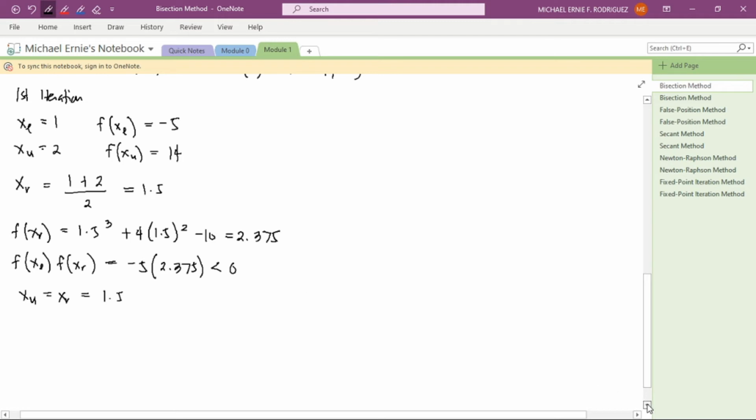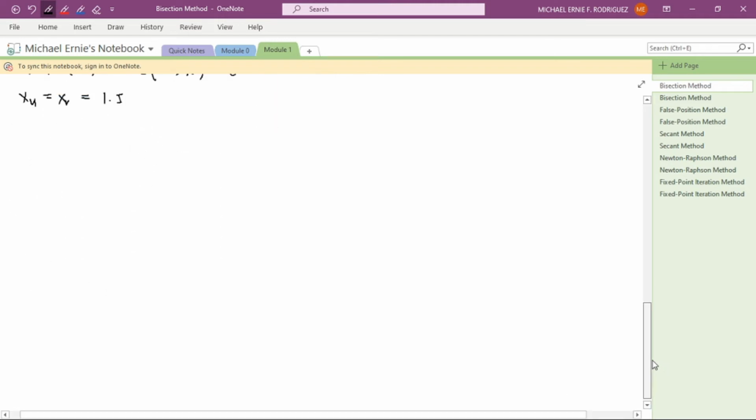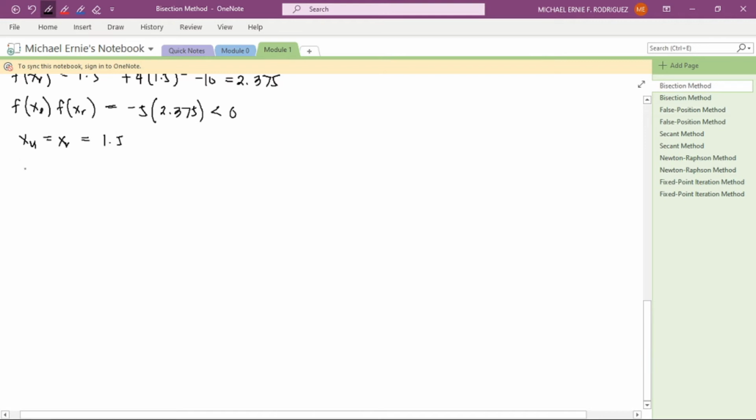For the second iteration, we're going now to use the value x sub l is equal to 1 and x sub u is 1.5. And then we have f of x sub l is equal to negative 5 and the value of f of x sub u is equal to 2.375.